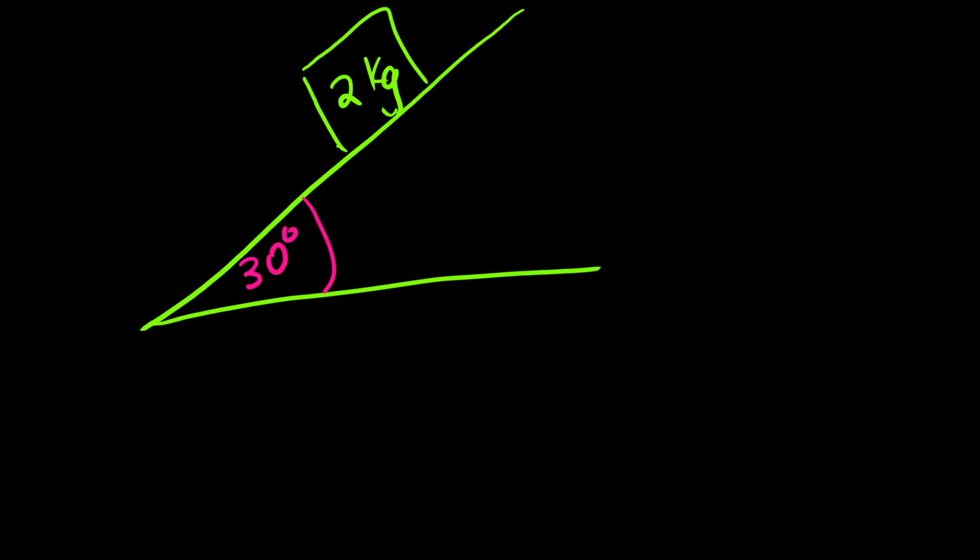Let us look at examples. Suppose we have this scenario whereby we have an object of 2 kg on top of an incline. How do you calculate the normal force? So N is equal to Fg cos theta.